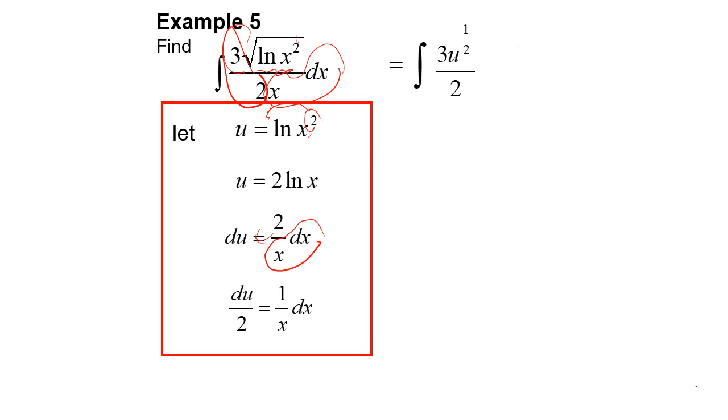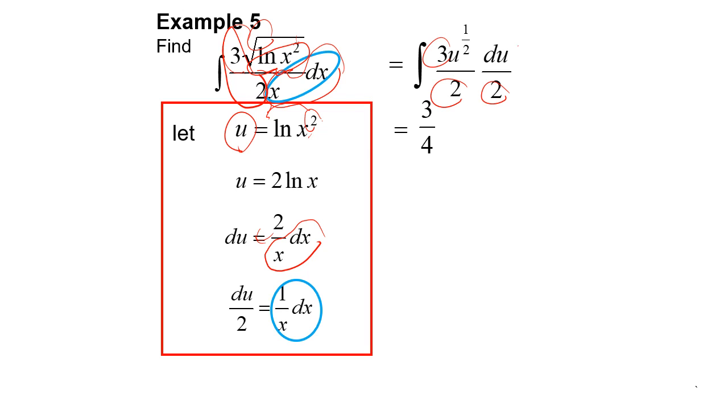So we can take them out as the coefficient of the integration. And then this natural log of x squared is u, to the power of square root, so to the power of 1 over 2. And then dx divided by x is du over 2. So for the coefficient here we have 3 and 2, so 3 over 4. Integrate u to the power of 1 over 2 with respect to u.